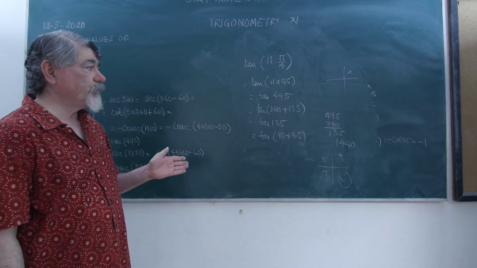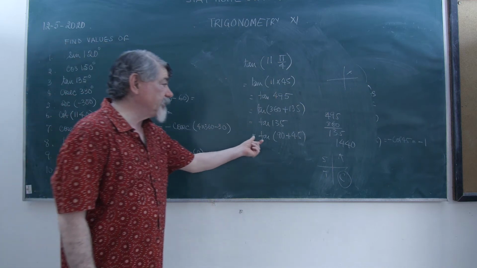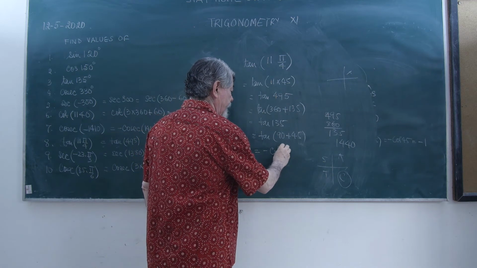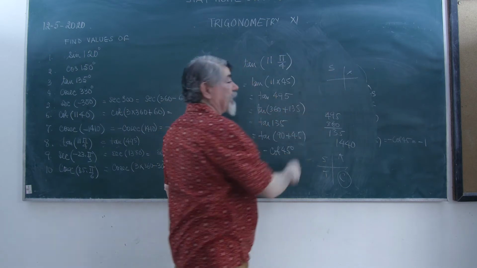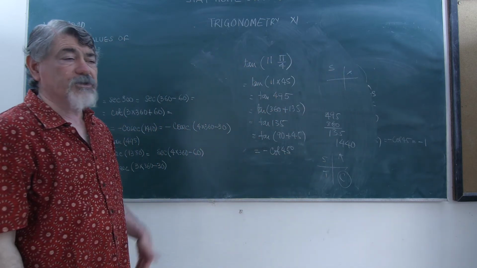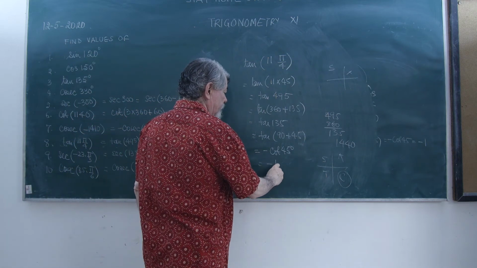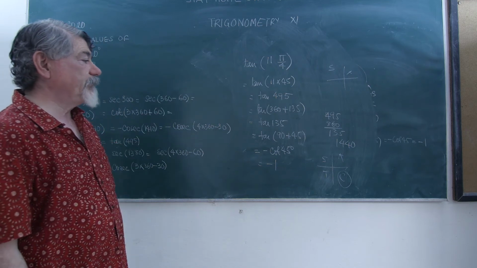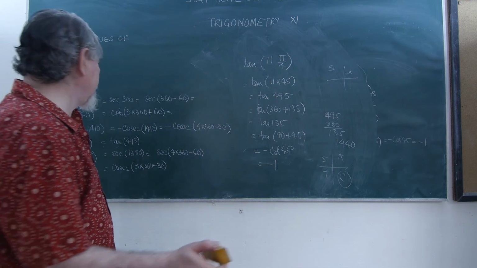Now 90 plus 45 will fall into the second quadrant, where tan will change to cot, and it will become minus cot 45. Why minus cot 45? Because here only sine and cosec are positive, the rest are negative. So minus cot 45 means minus 1. The value of tan 11 pi by 4 is minus 1. Now let us see the next one.